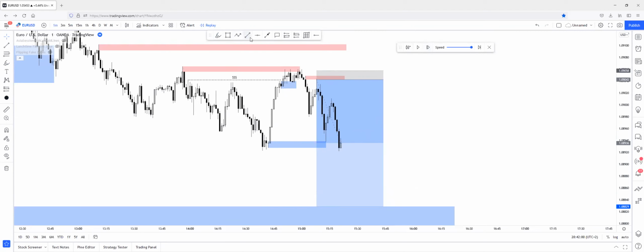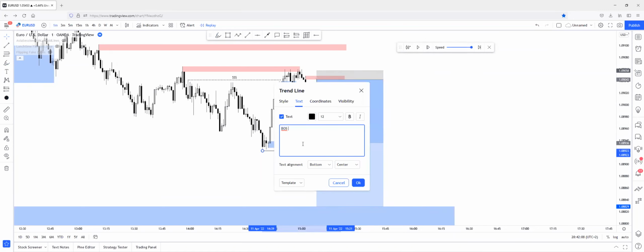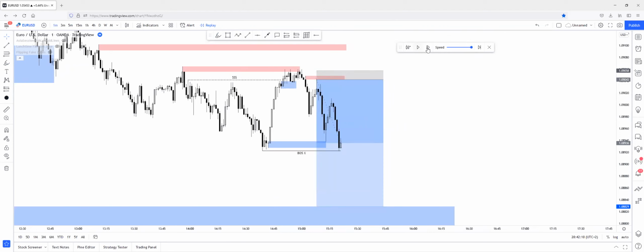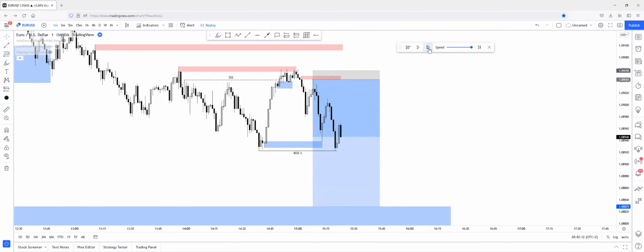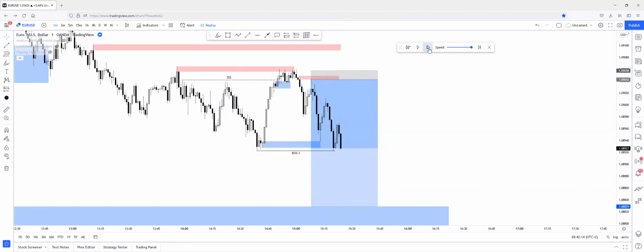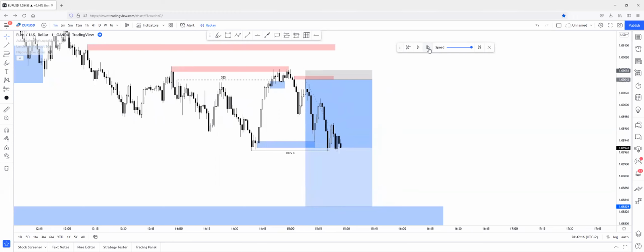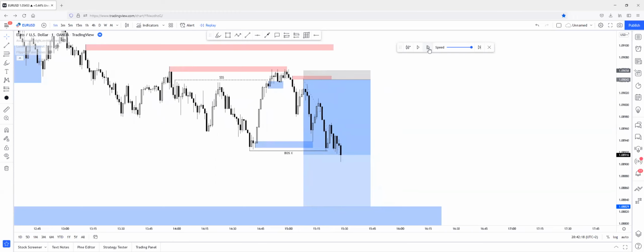It did not break structure to the downside yet, because as you can see, there wasn't a break of structure to the downside yet. So I won't count this as a break of structure until it breaks below with body. Okay, still no break of structure. And there's the break of structure.